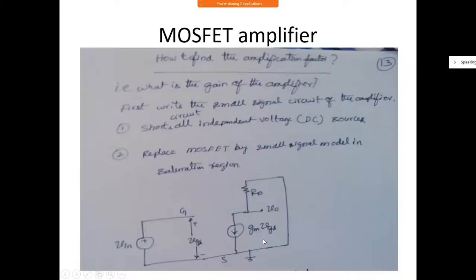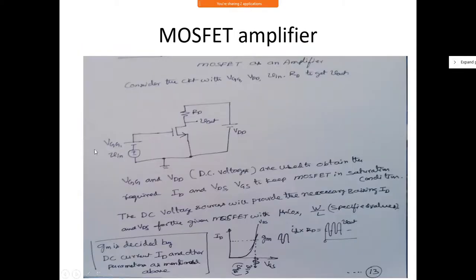Now this is how to find the amplification factor. We have this circuit with a V in, and I'll take out the V out here. Now I want to see what the amplification factor of this circuit is for this input voltage. That is, how many times the input voltage is amplified.